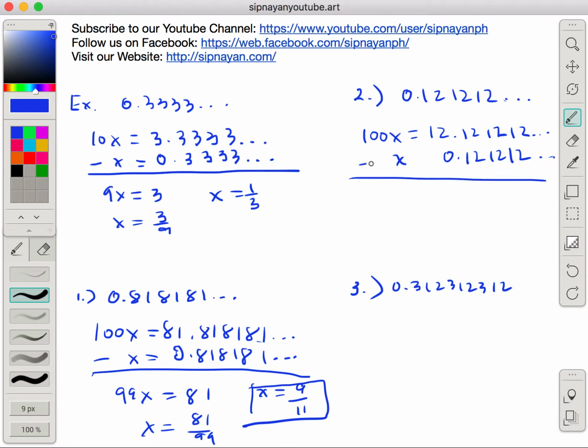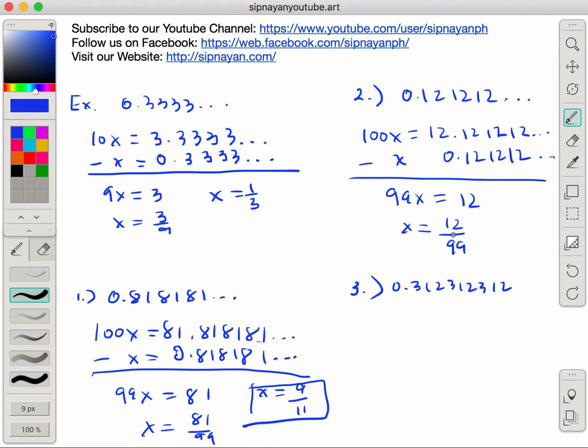When I subtract, 99x equals 12, since the repeating part becomes 0. So x is equal to 12 over 99.